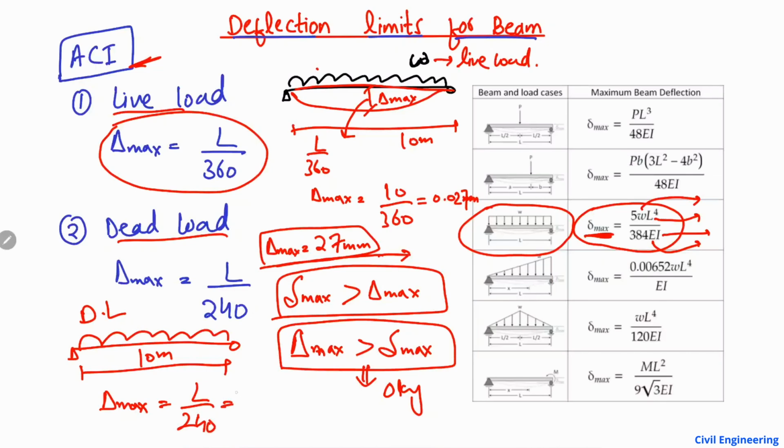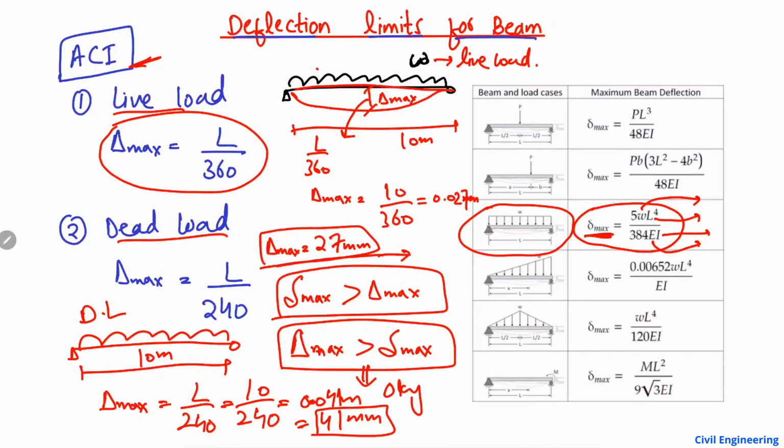It means L, the length of the beam, which is 10 meter, divided by 240, gives around 0.041 meter. If we multiply this by 1000, we get around 41 millimeter. So the maximum allowable deformation for this beam is 41 millimeter.